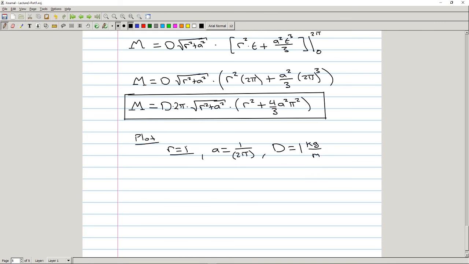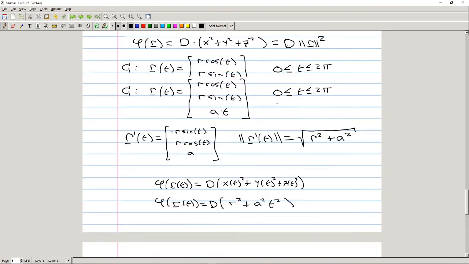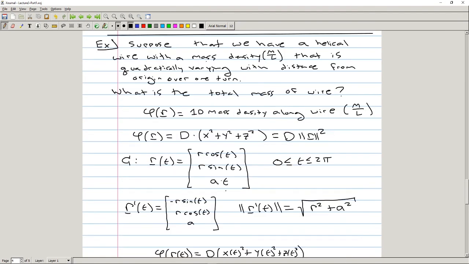And again, this is going to be measured in meters, and then a is measured in, it's just a constant, so this has to be units of distance. If the parameter is, say, time along the helix, it could be angle as well, but angle is probably better.